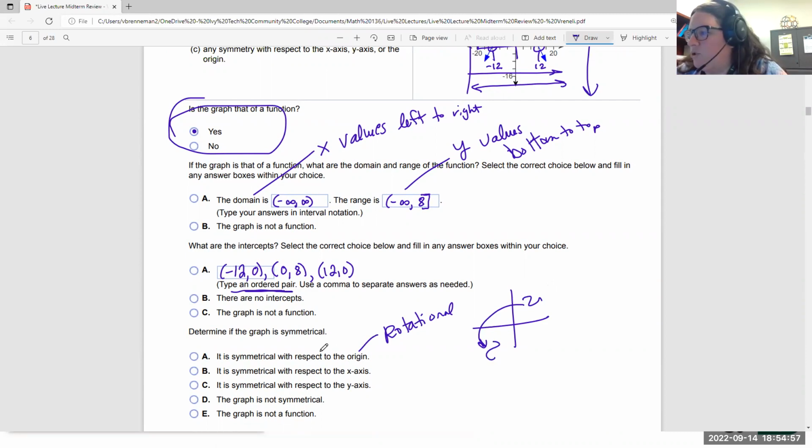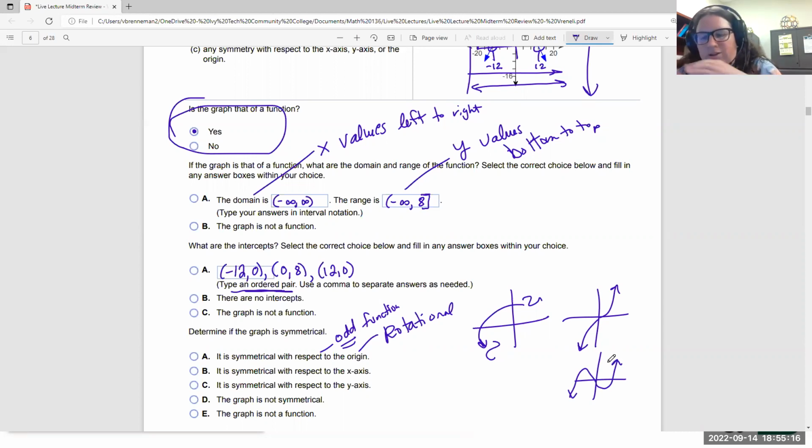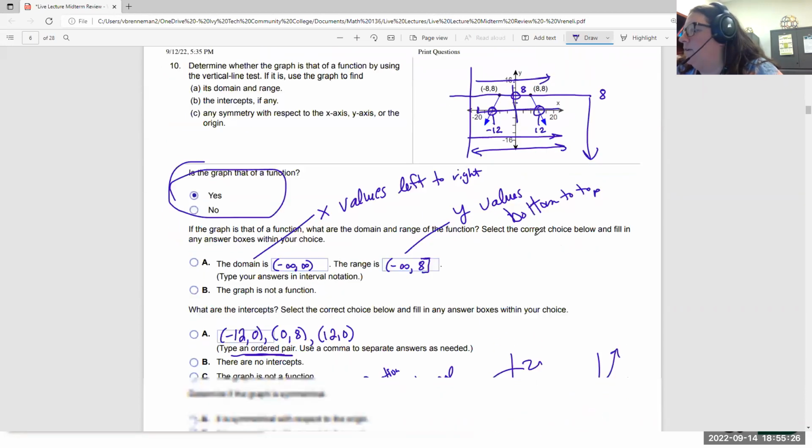This corresponds to odd functions, something like the cube function. So it'll often take on kind of an S shape. If you think of something spinning, where you start to see those sort of curves around the center, that's what you have going on with symmetry with respect to the origin. And we certainly don't have that on this graph.